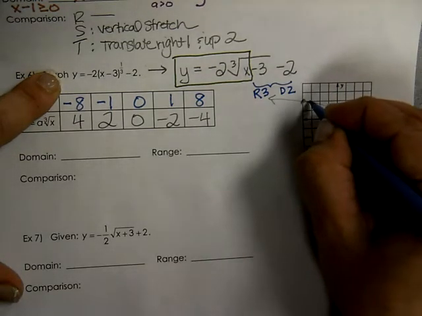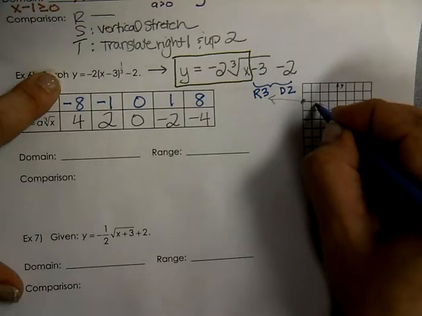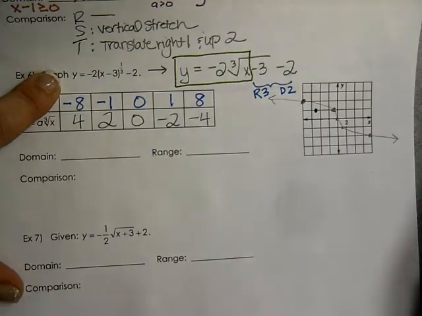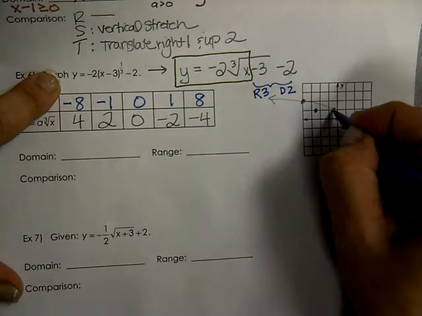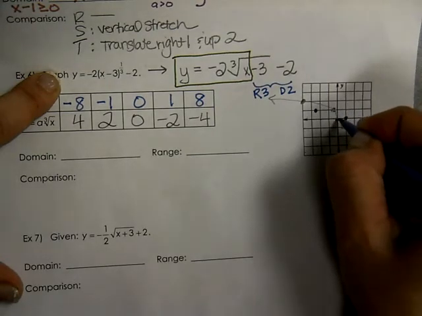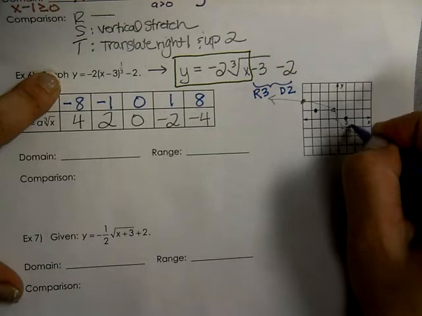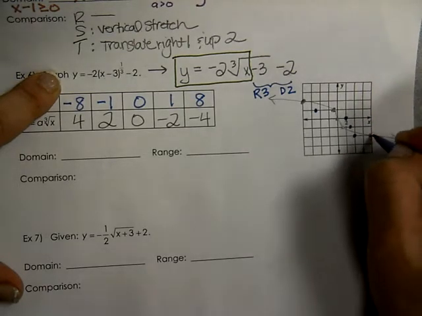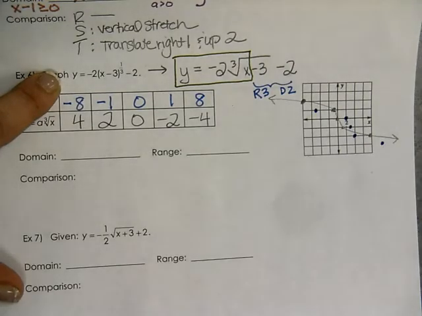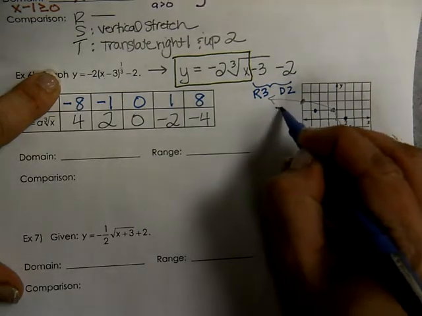So 1, 2, 3, and then down 2. So it's like I'm going to the right 1.5 boxes and then down 1 box. I'll kind of guess right there. And then I can connect those points.